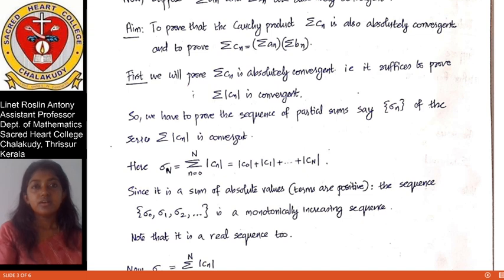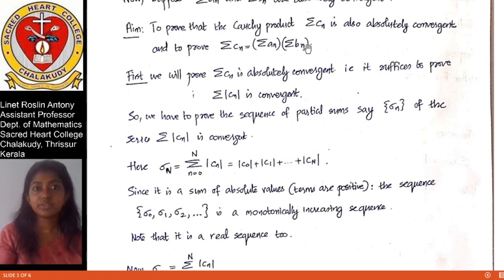So now we assume that we are given two series, summation an and summation bn, which are absolutely convergent. Our aim is to prove that the Cauchy product, summation Cn, which we defined earlier, is also absolutely convergent, and to prove that summation Cn is equal to the product of summation An and summation Bn.